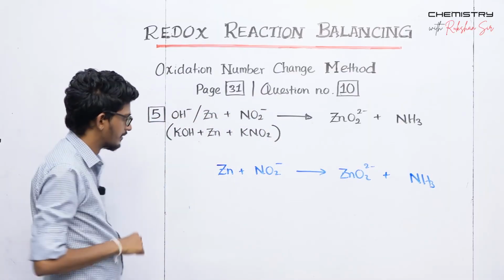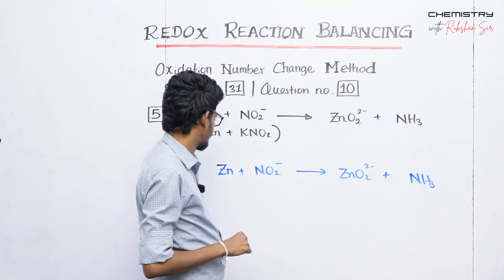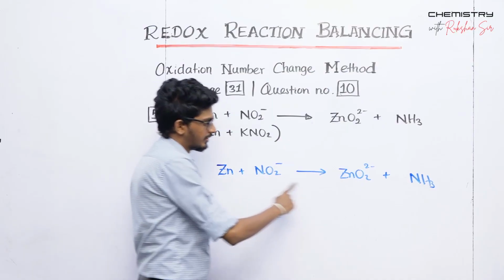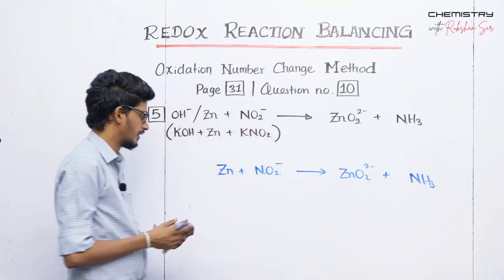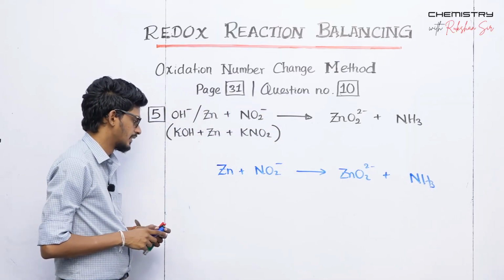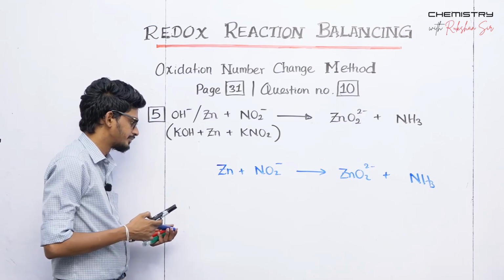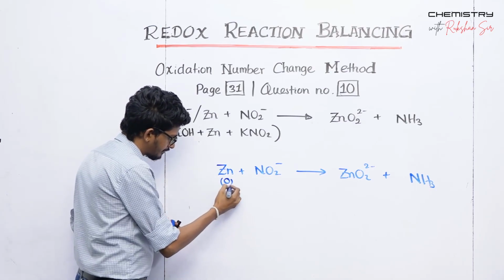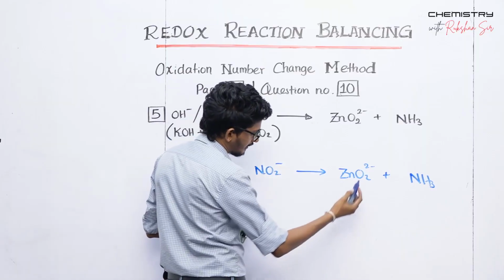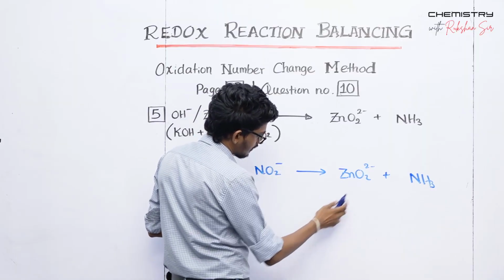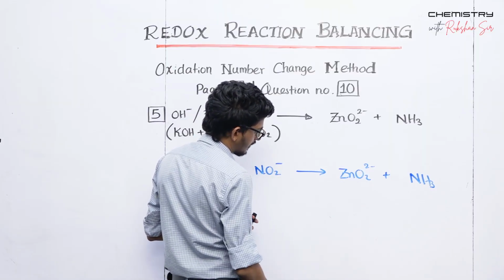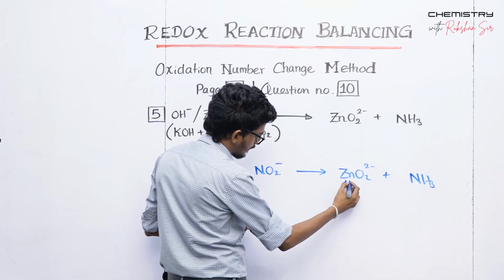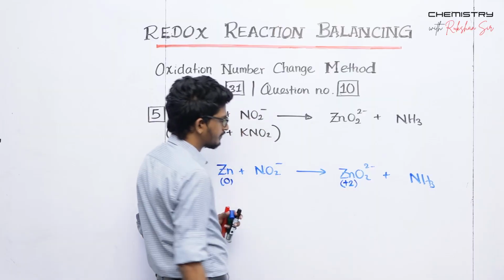Right. First thing is to balance the redox atom. One zinc, that is balanced. One nitrogen, one nitrogen. So that is also balanced. Redox atom is balanced. Now you need to balance the oxidation states, right? Here it is 0. For this one, it is minus 2 into minus 4, this guy plus 4 minus 2 is plus 2.